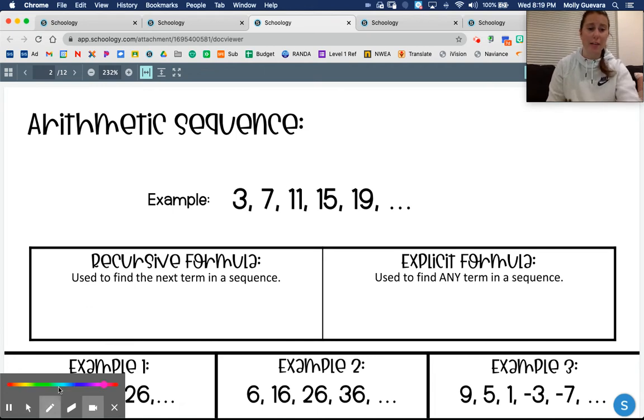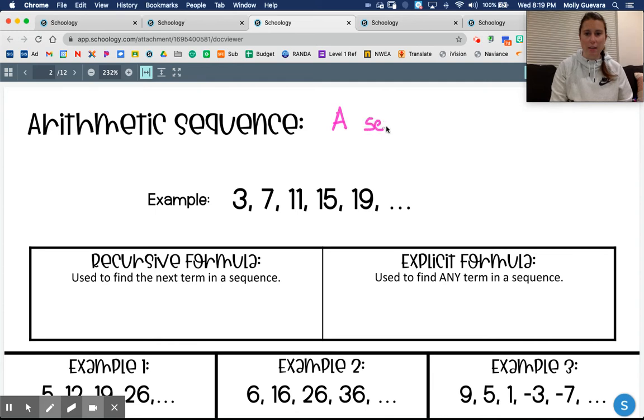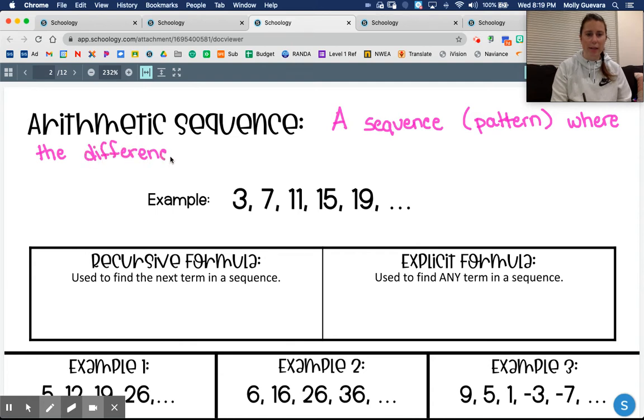Specifically, when we're talking about an arithmetic sequence, it's a sequence, obviously. It's in the name. Let's put in parentheses, pattern, where the difference between terms, so what is going up every time or going down every time, the difference between terms is constant.